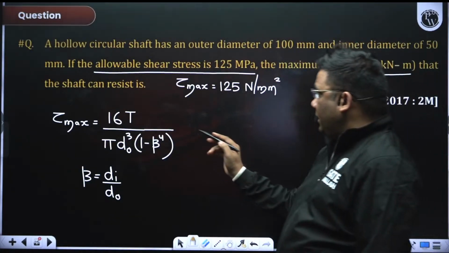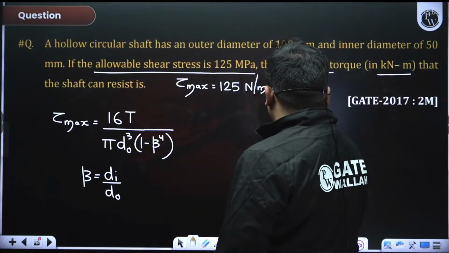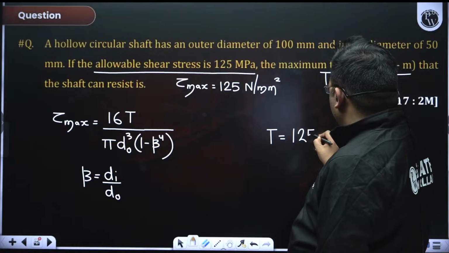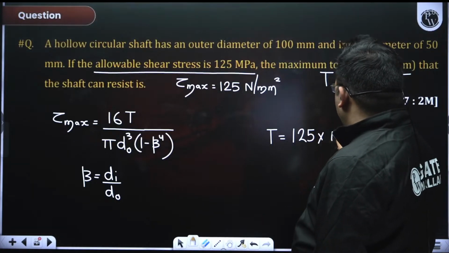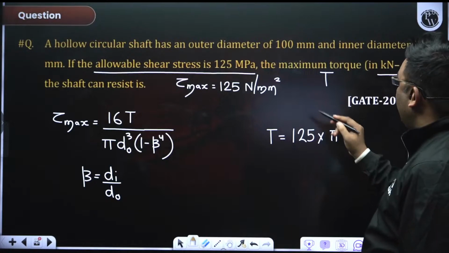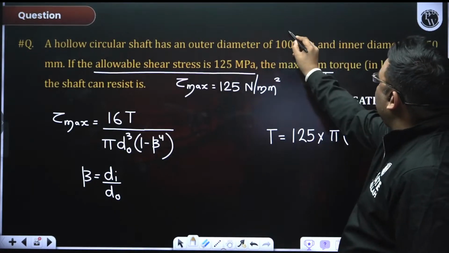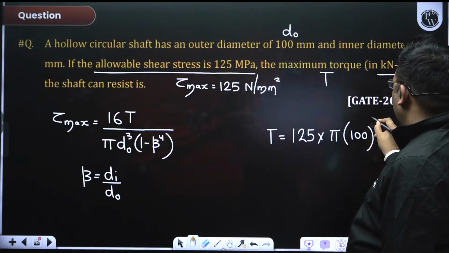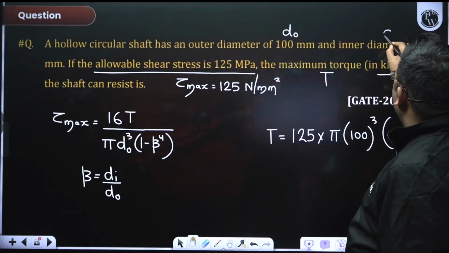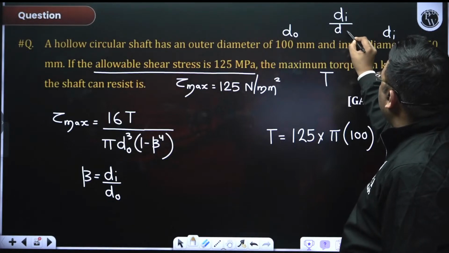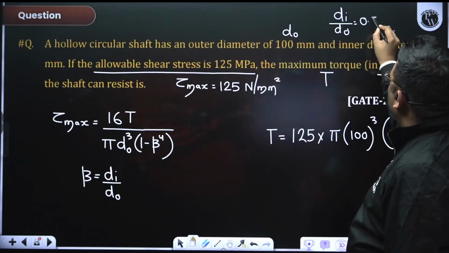So see, from here I can see torsion will be equal to, the maximum shear stress is given 125. Now I'll multiply pi into outer diameter, this is outer diameter 100, so 100 cube. Then you see the ratio of inner to outer is how much? It is 0.5.